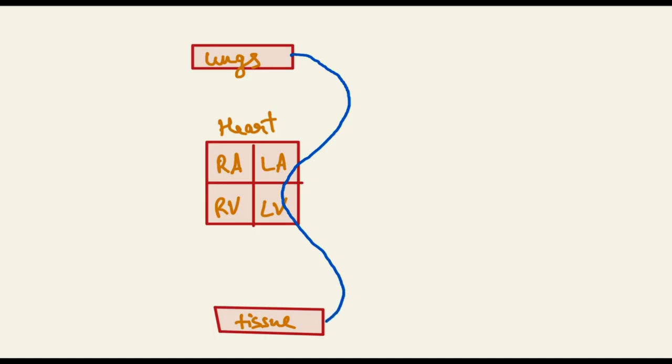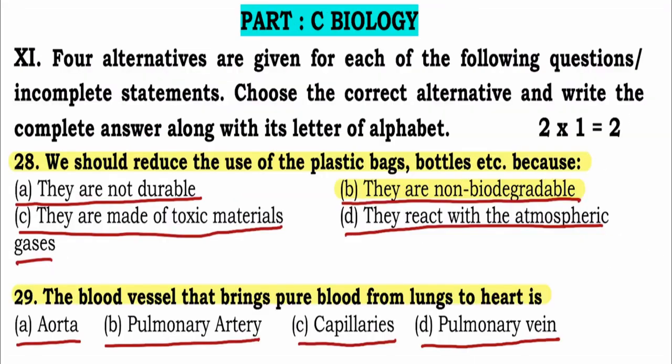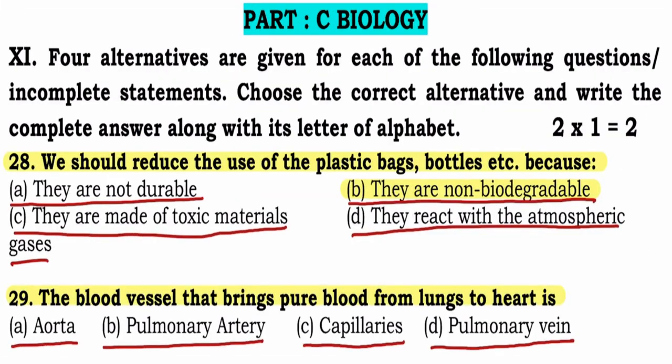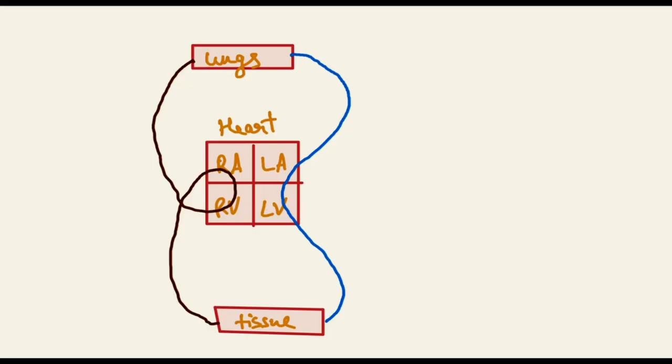Then from organs or tissues, this blood is collected by veins back to heart and then it will go to lungs. So in this question they are asking about the blood vessel that brings pure blood from lungs to heart. They are asking about this vessel and this is pulmonary vein.